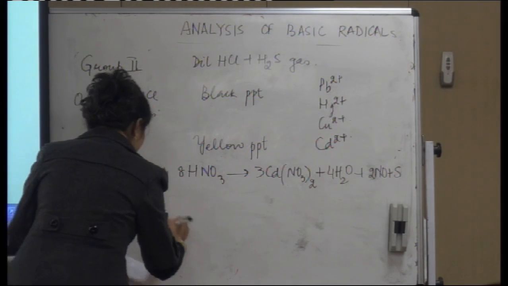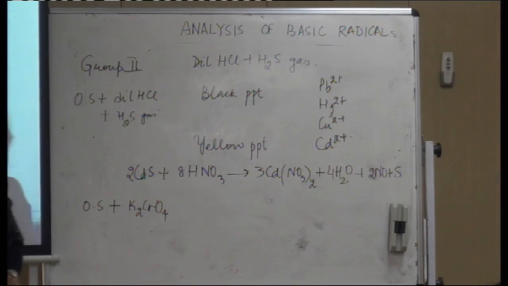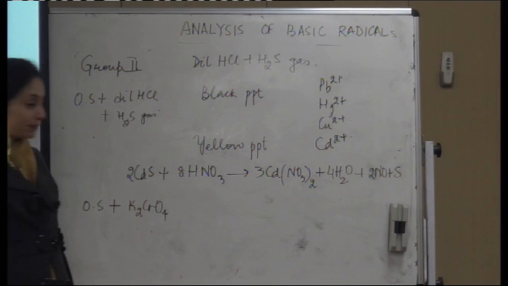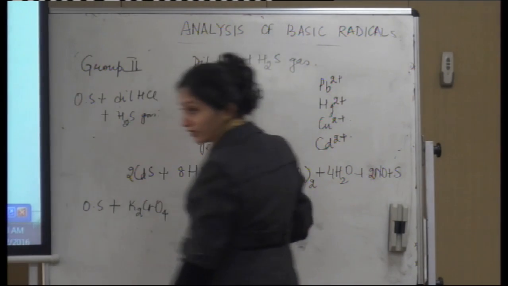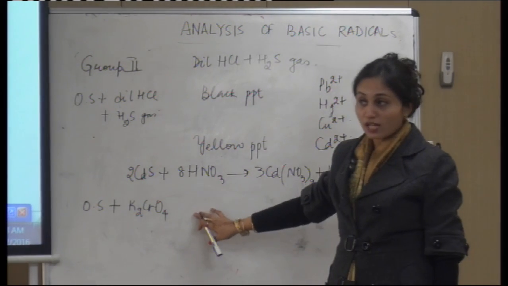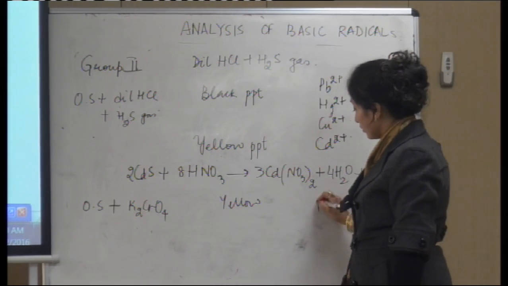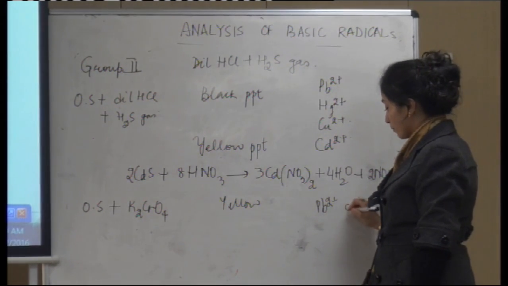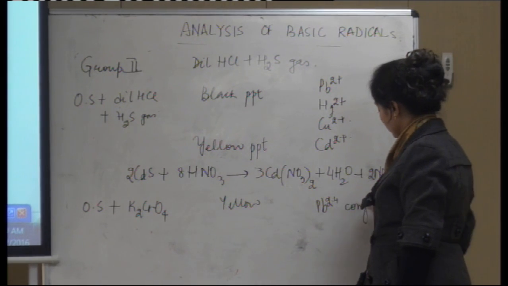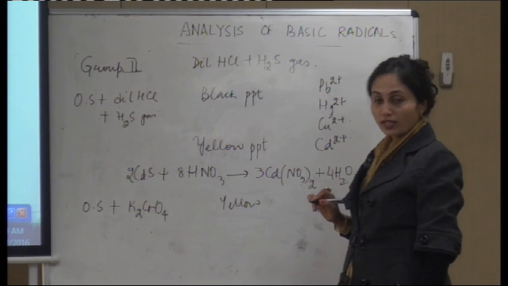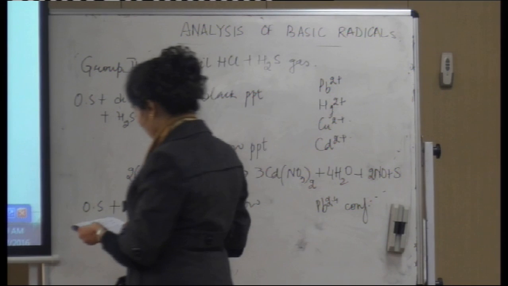Now you tell me, if it is lead, what color will you get? You have just done it for group 1. If it is lead, what color? Potassium chromate is yellow. So it will be yellow, and that will confirm your Pb2 plus. Okay, then in that case your Pb2 plus will be confirmed.